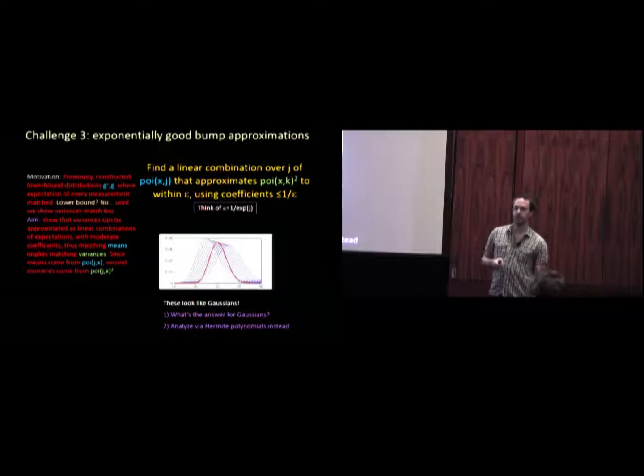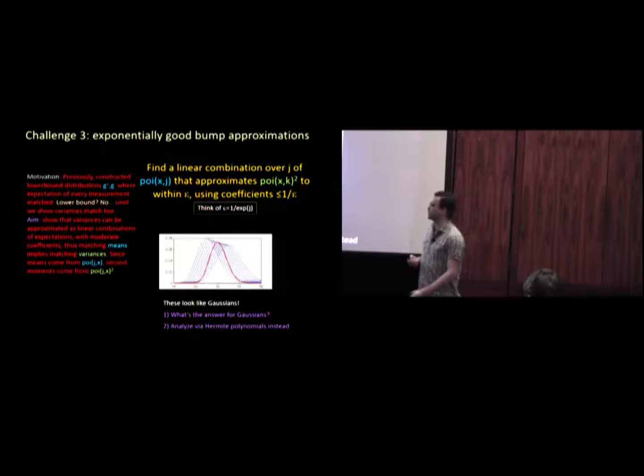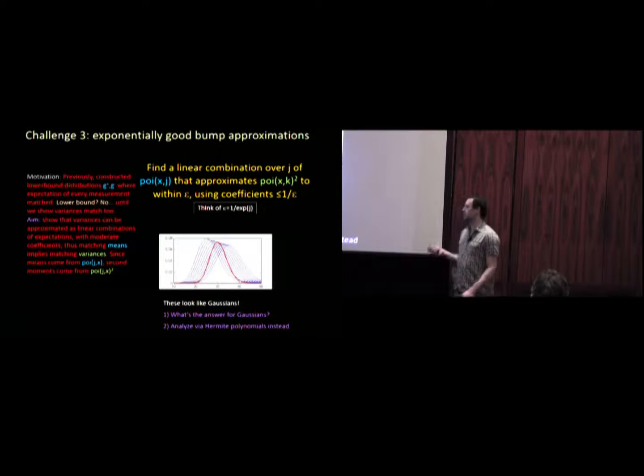And second, if you want anything which feels like Gaussians with polynomials, you should use Hermite polynomials. So we're going to first get the answer for Gaussians, then do all the analysis techniques with Hermite polynomials instead. If we can trust the Fourier transform of Gaussians, everything we do here is going to work with Hermite polynomials, because Hermite polynomials really are just Gaussians in disguise.